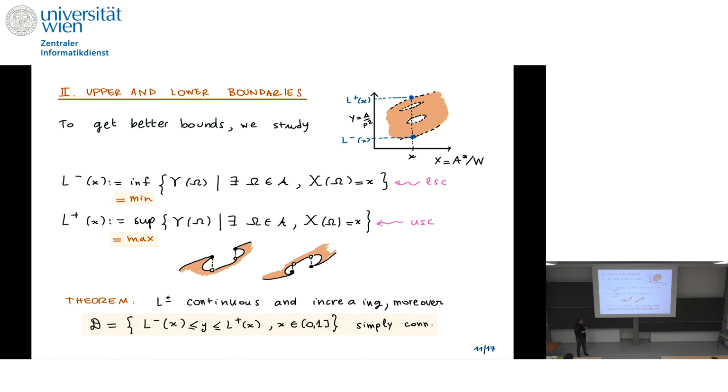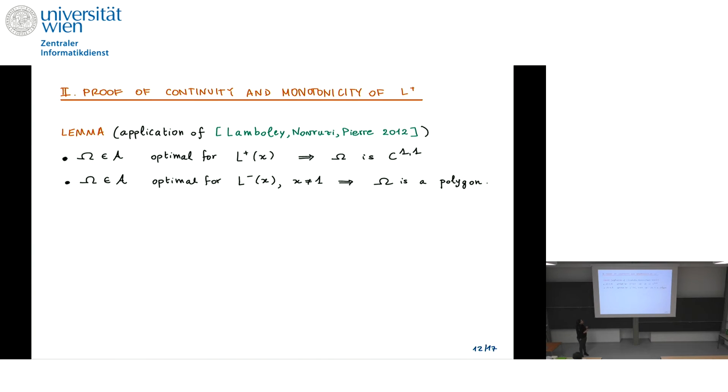Because we need to do a fine analysis in these kinds of points to show that we don't have jumps here and there, and therefore it is useful to have information on the optimal shapes sitting there. And this is done by applying an argument by Jimmy, Roots and Pierre, but also contained in many other papers by Jimmy, which allows to characterize the regularity of optimal shapes among convex sets in a certain setting.